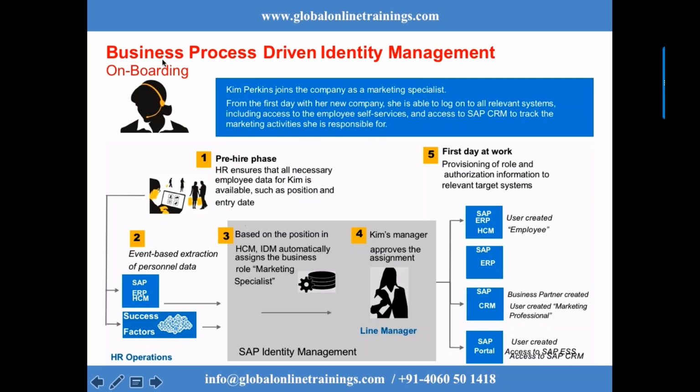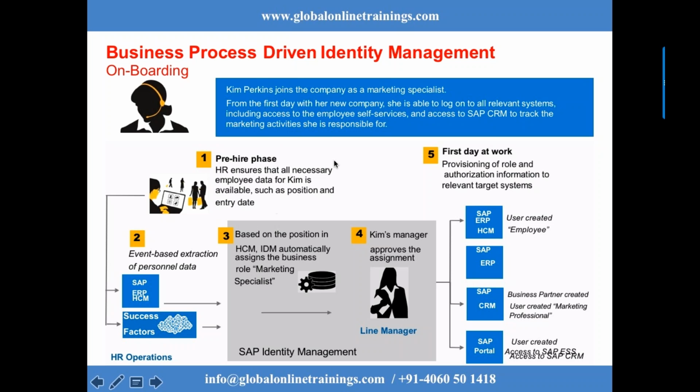Then they put Kim's information into HR, or SuccessFactors. SuccessFactors you can only integrate with IDM 8, not 7.2. So depending on the system, they're onboarded onto this particular HR system on the date Kim starts.